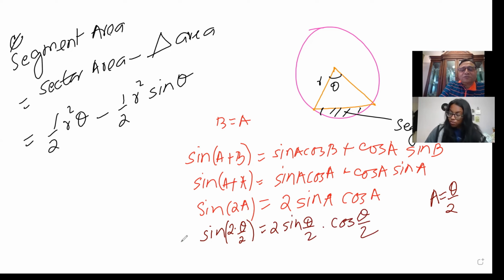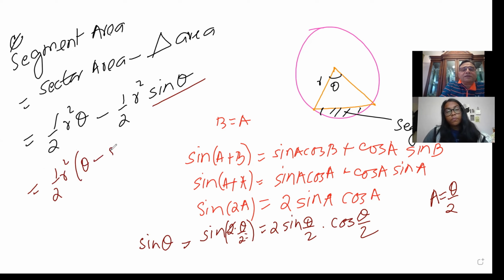The 2 and 2 cancel, so we are left with sine theta. So sine theta is 2 times sine theta by 2 cos theta by 2, and we can replace that with sine theta. You see that derivation? Very easy to remember. The segment area is half r square, theta minus sine theta.